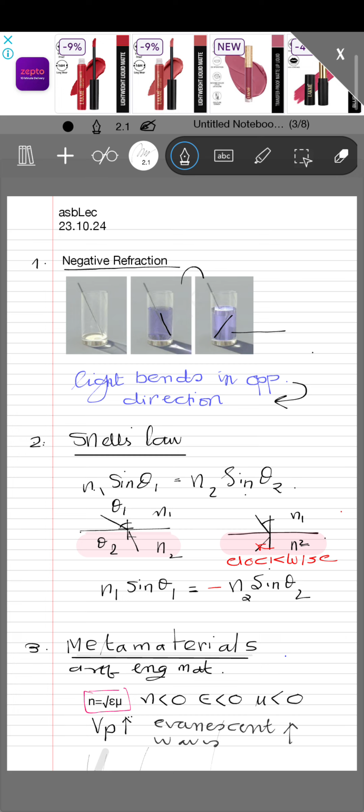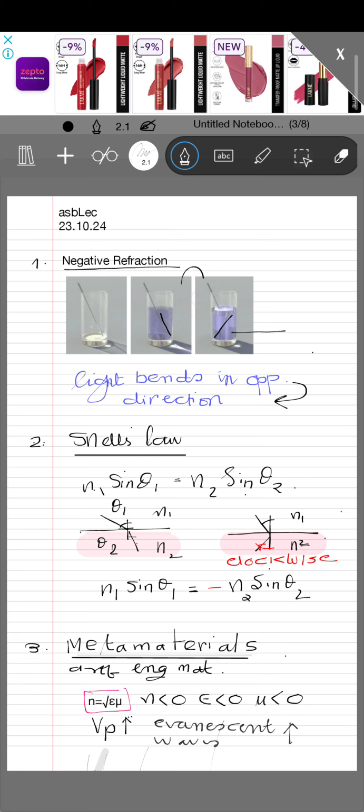Now this is the original Snell's law, but in a material having properties of negative refraction, what will happen is that this ray, as you can see, instead of going in this direction, moves in the totally opposite direction.